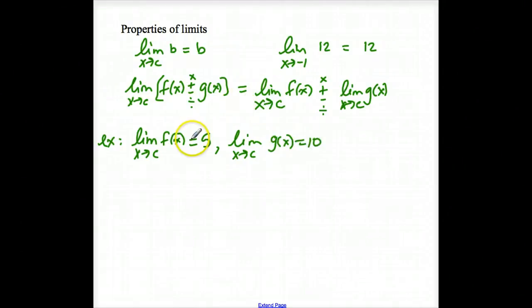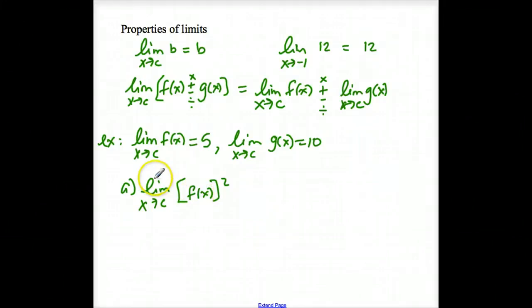So we've got two different functions, but as x approaches the same x value, they have two different y values. Then let's say we're supposed to find the following. Let's find the limit as x approaches c of the function f of x squared. So instead of squaring the function first, because we don't even know what the function is, we can just square the answer of the limit. So that would equal 25.